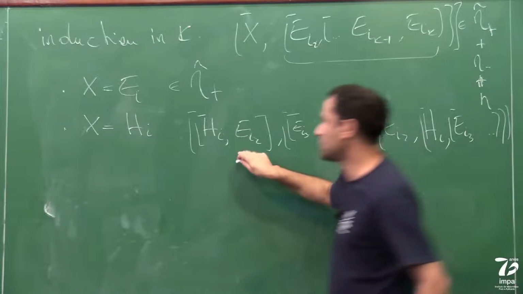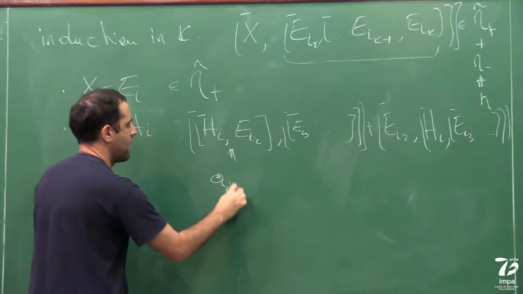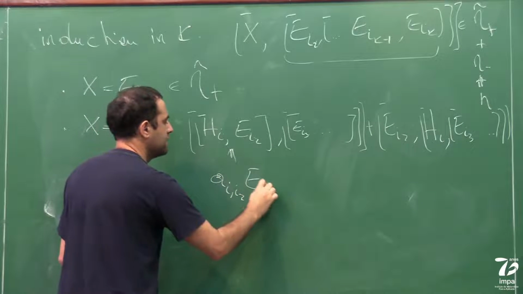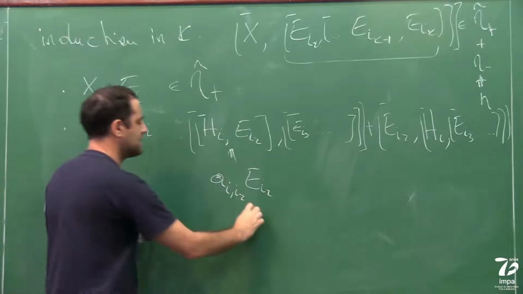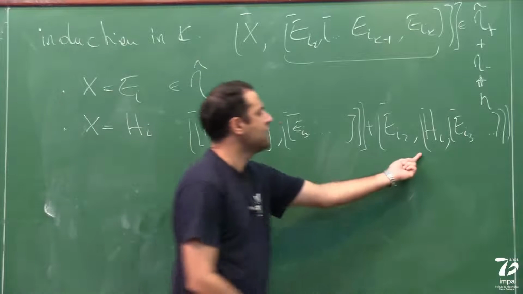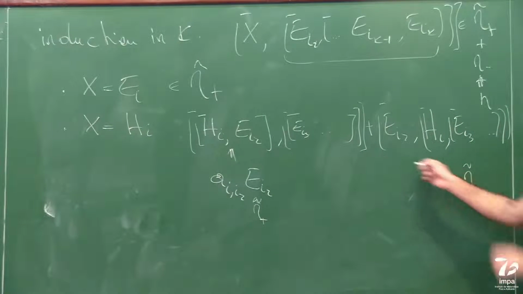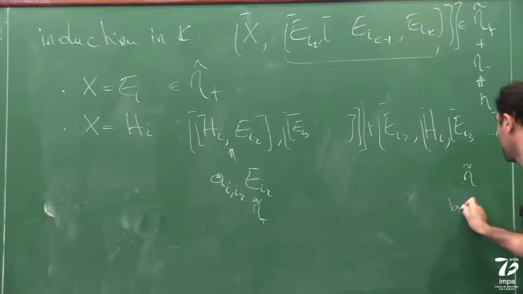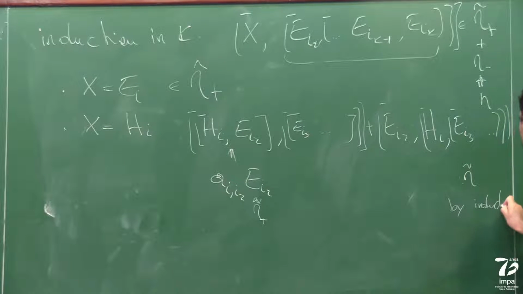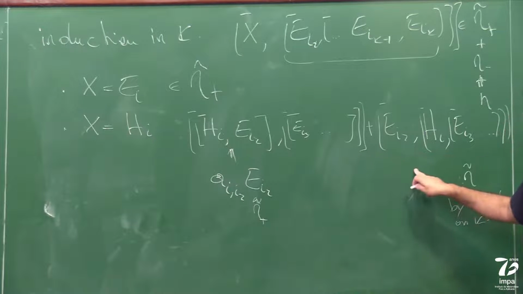And now this is equal to a_i2 ei2, so this is in n plus, and the other term is in n plus by induction again on k. So this is the sum of two elements in n plus, so this is still in n plus.